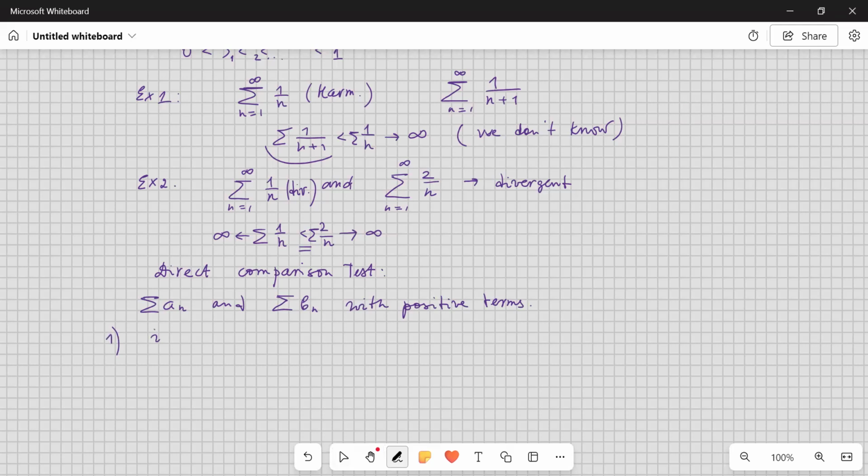Number one, if series bn is convergent and the inequality for terms, an is less or equal than bn, then series an is convergent too.